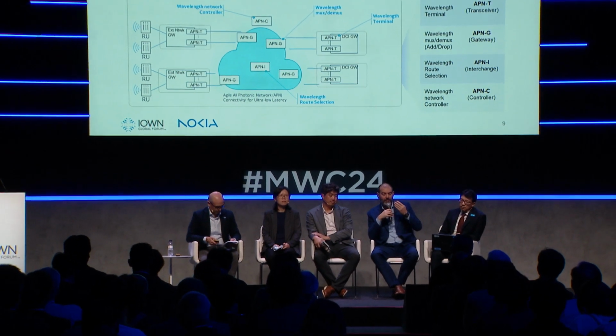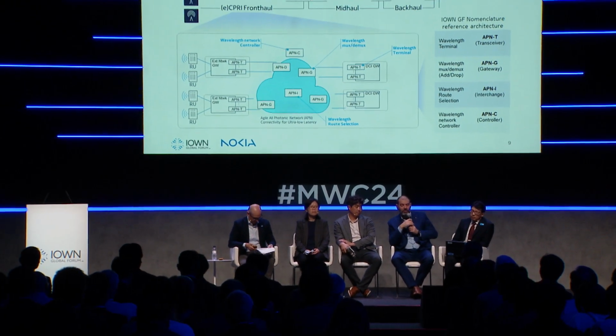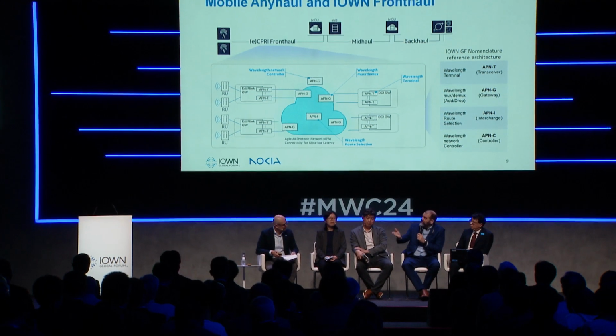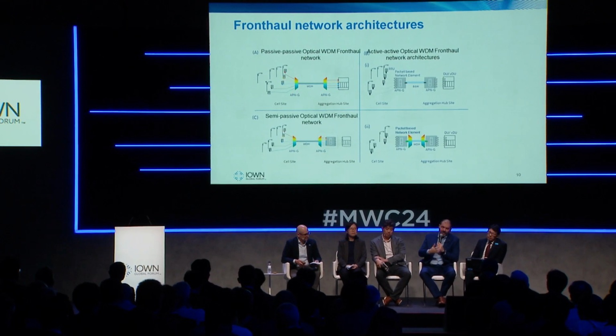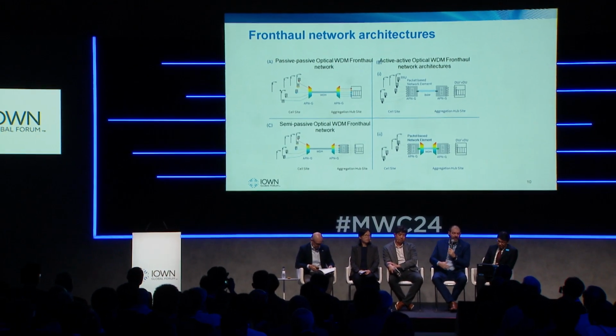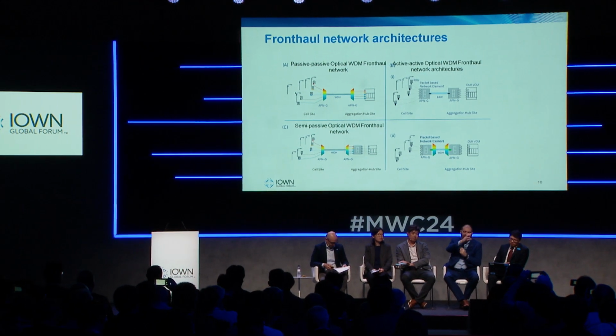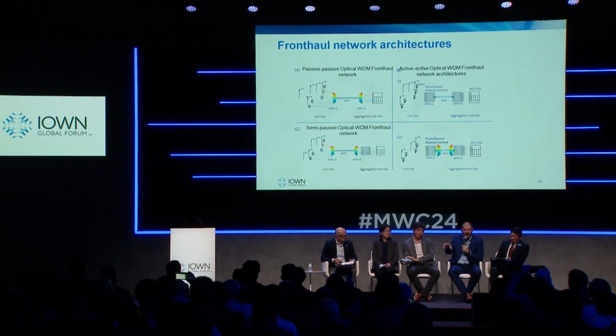What we've done in our work is we applied this architectural reference to a fronthaul, and you can see on the right how that could look. As we know, there are different deployments that can be applied to a fronthaul. We've also studied that. If you go to the next slide, you can see, for example, an all-photonic, passive network, passive at the cell side and passive at the aggregation side.